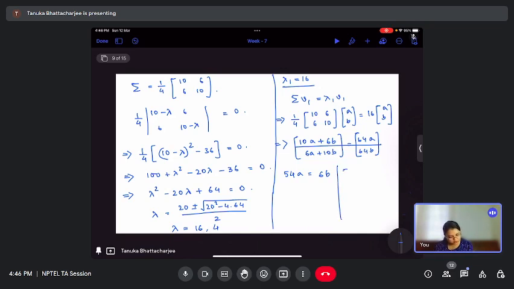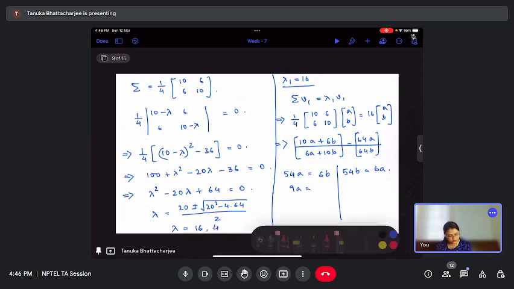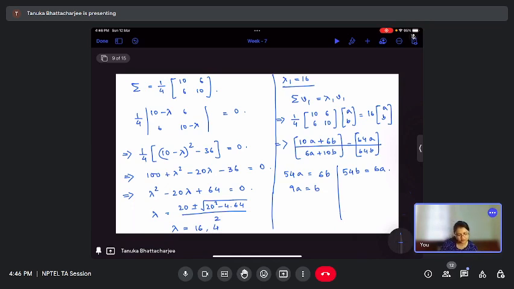From the second equation we are getting, so we can write, sorry, b equals 9a.